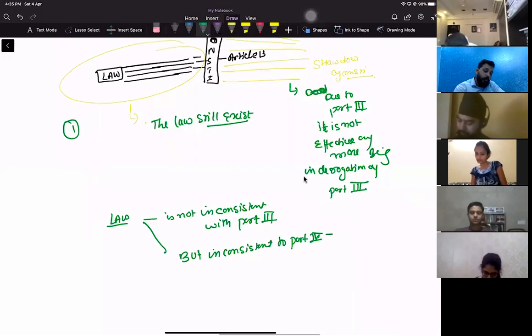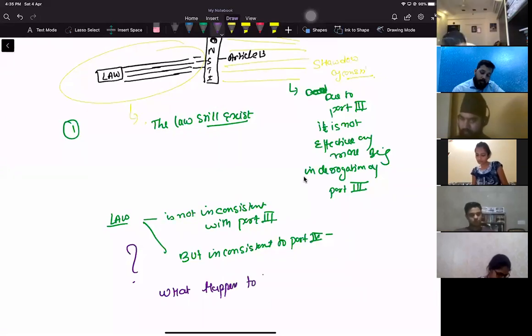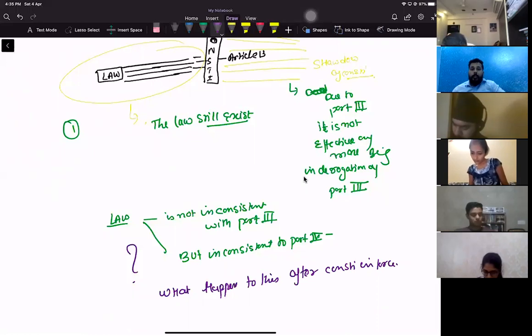Tell me, what happened to this law after the constitution came into force? What has happened? The law which was existing prior to the constitution is not in derogation to Part 3, but it is in derogation to Part 4.